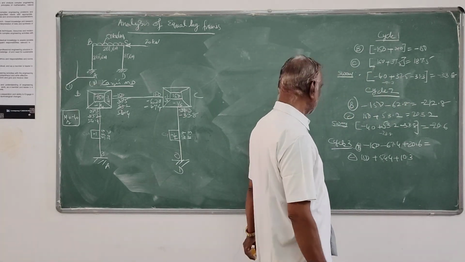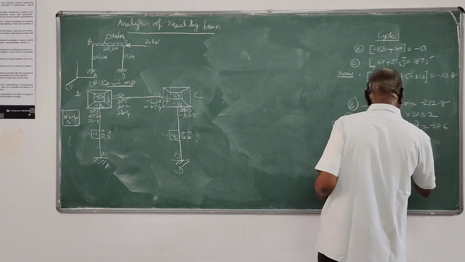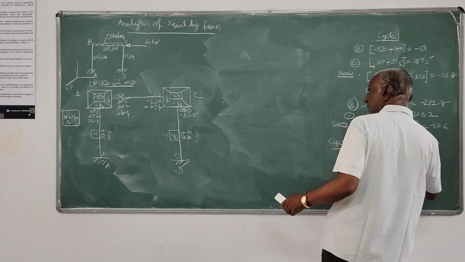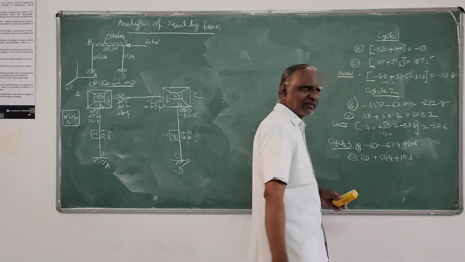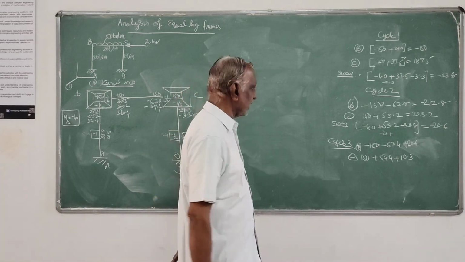In cycle 2 also we have to take it. Here it is 20.6. Previously it was not taken. Anyway, from cycle 3 onwards, you can just take that.